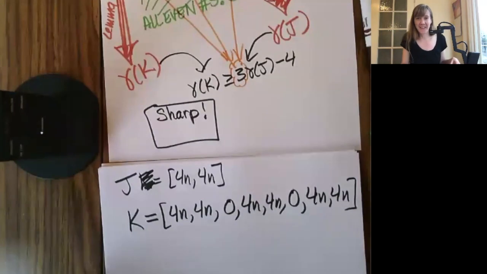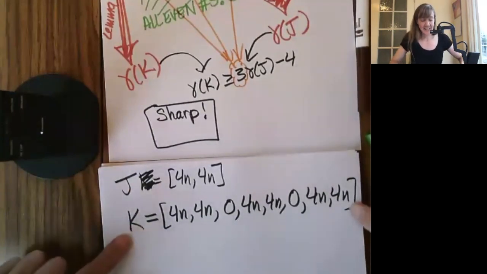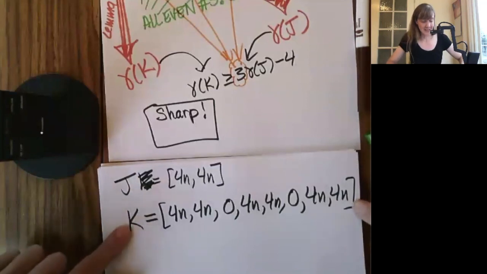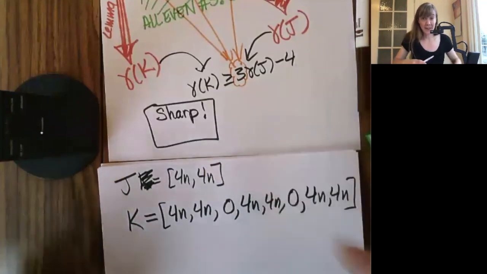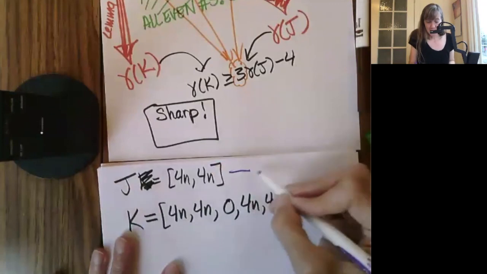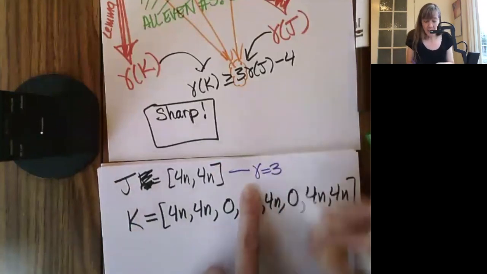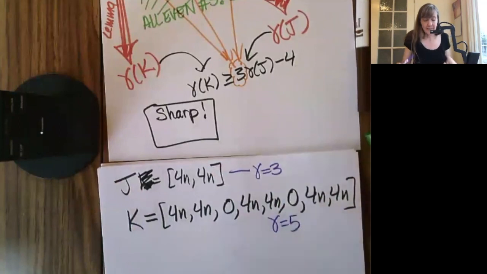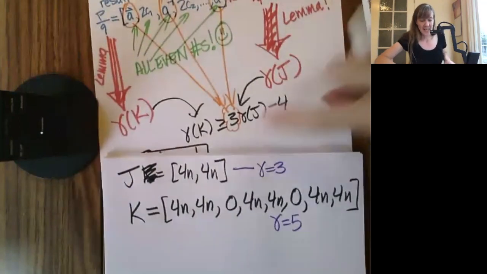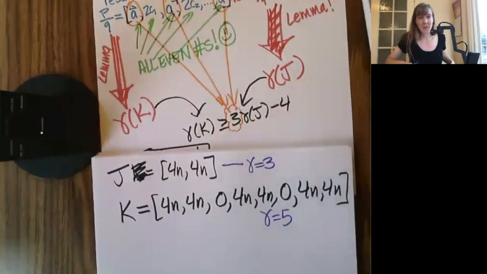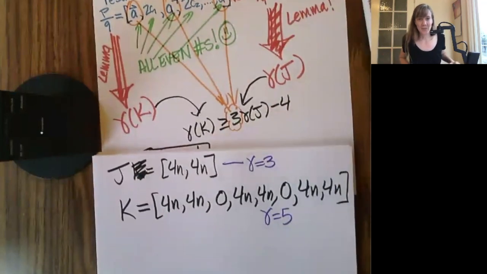That's an infinite family of 2-bridge knots, and it's in the format so that this knot group will surject onto that one. And if I compute gamma using our lemma, gamma here will be 3, and gamma here will be 5 for all n. And you can observe that that will make this inequality into an equality.